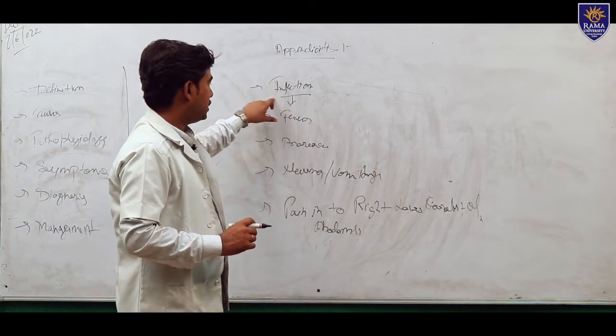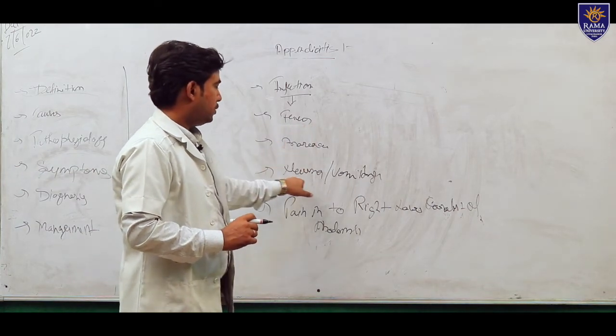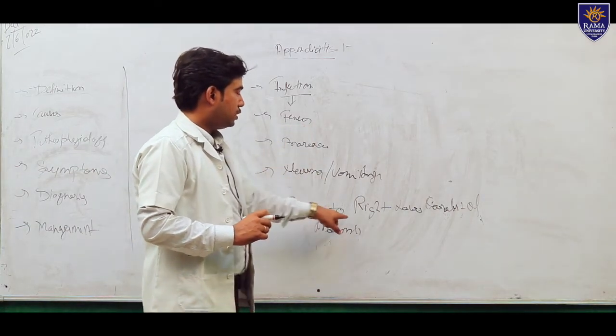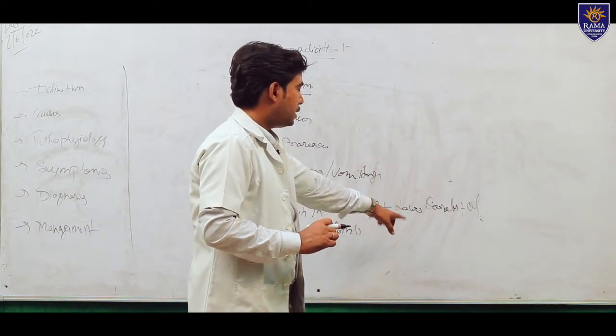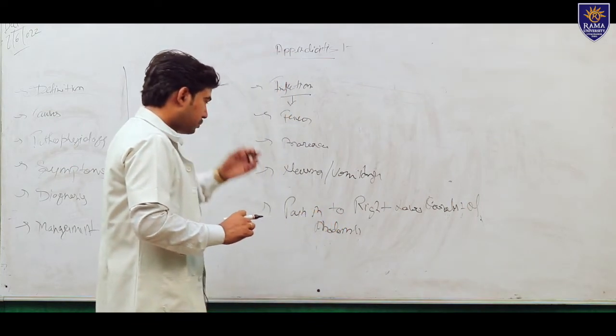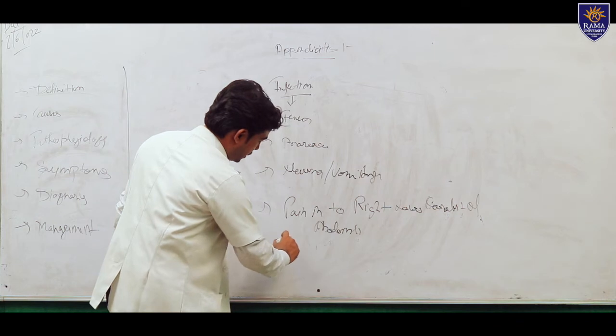First is infection. Due to infection, fever may occur. After that anorexia, nausea and vomiting, then pain in the right lower quadrant of the abdomen, and some others like restlessness.